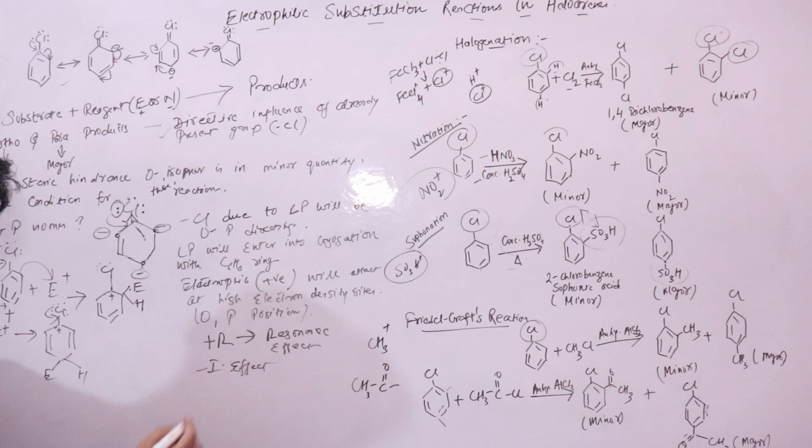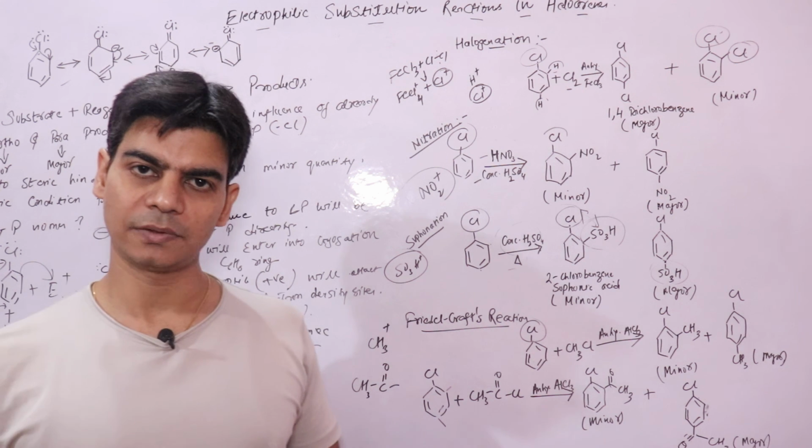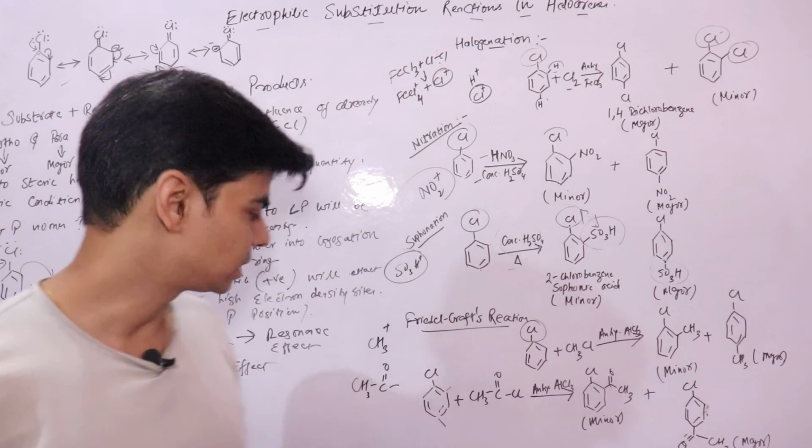Now if you look at these two effects with respect to the carbocation, we know that carbocations are positive species. Anything that disperses its positive charge will stabilize it, and anything that increases its positive charge will destabilize it, right?